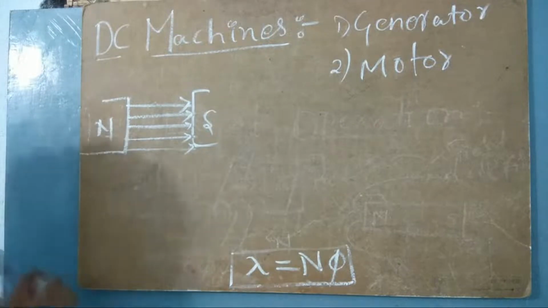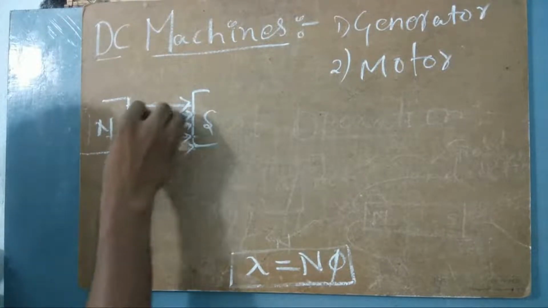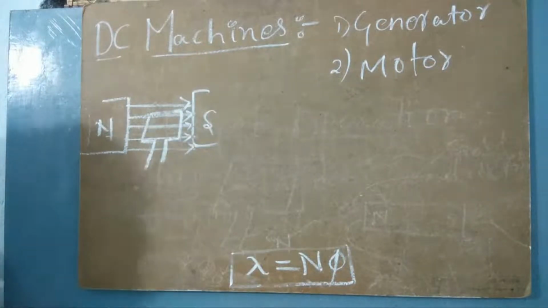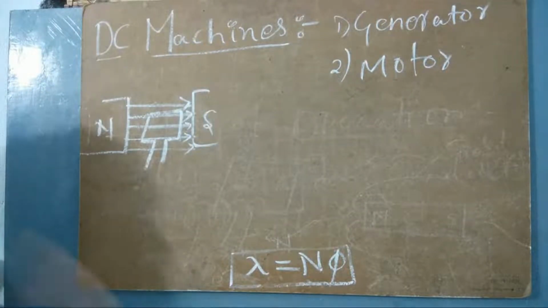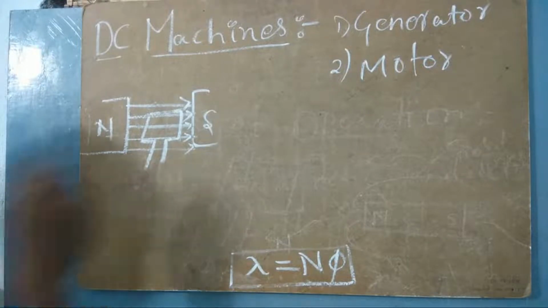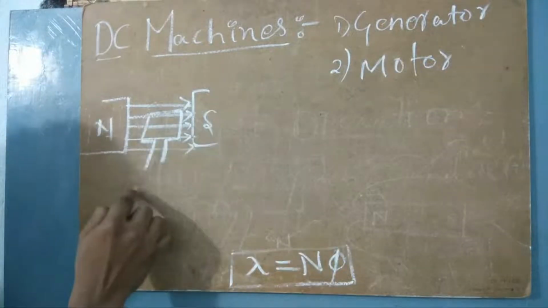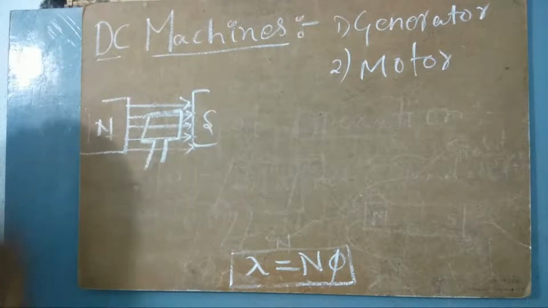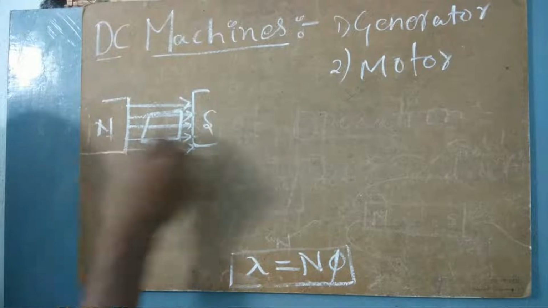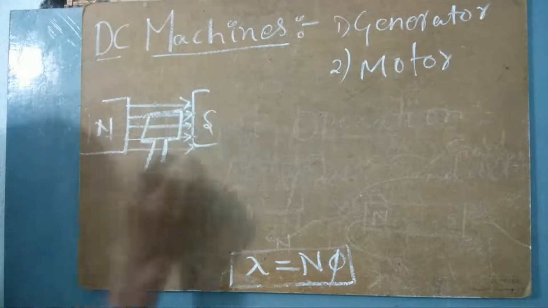So in this magnetic field, if I place a conductor, let us say it is a one-turn conductor, because for your simplicity and convenience, I'm telling it in this way. So this is a one-turn conductor which is kept between the north and south magnets. Within these north and south magnets, we will have the magnetic field lines.